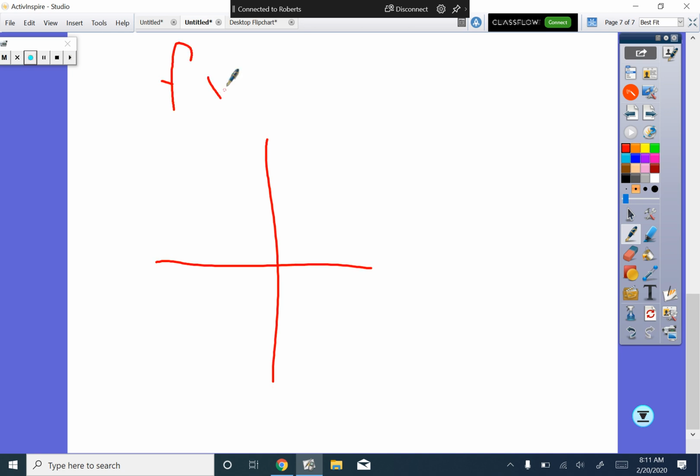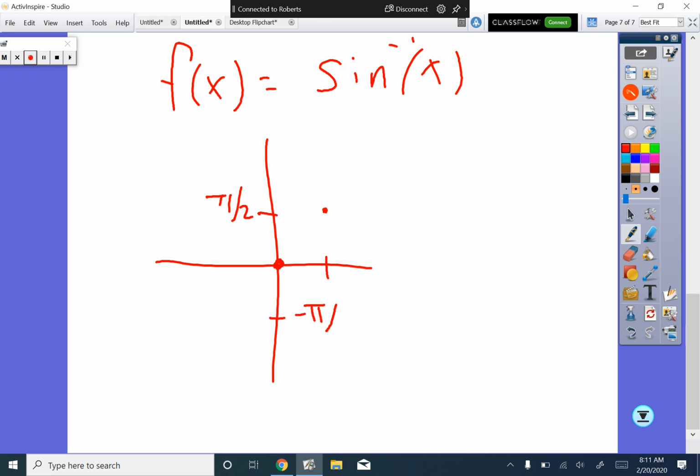This is f of x equals arc sine of x. At 1, I'm at pi halves. At 0, I'm at 0. At negative 1, I'm at negative pi halves. Make sure it's a curve.